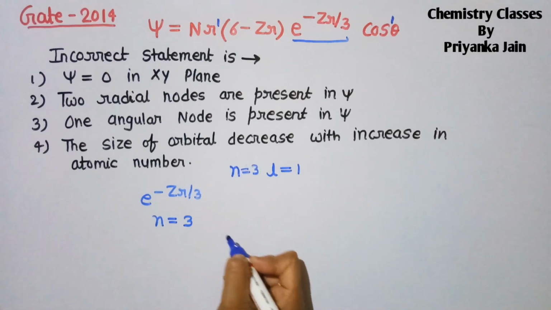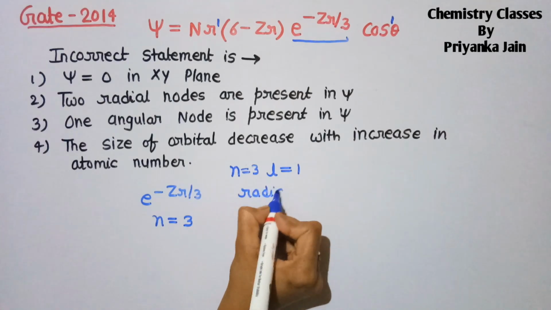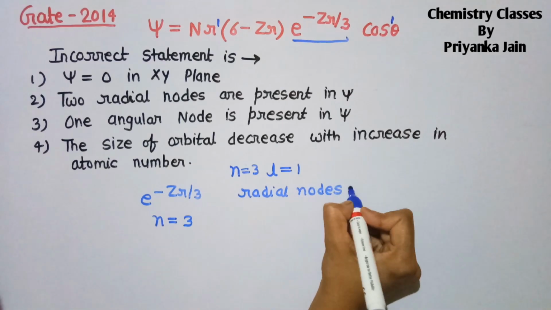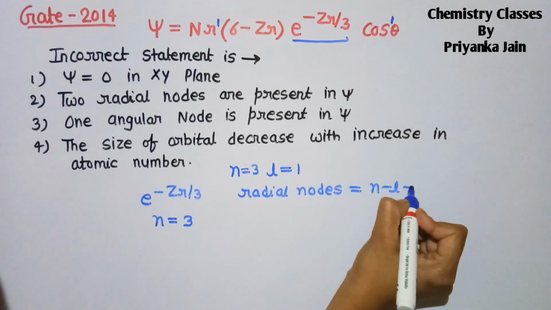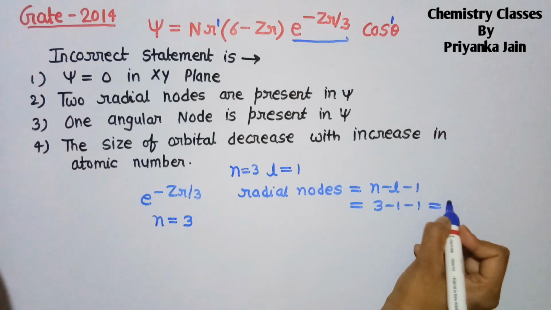Now we have to see the number of nodes. So radial nodes will be equal to n minus L minus 1. It will be equal to 3 minus 1 minus 1. It means 1.